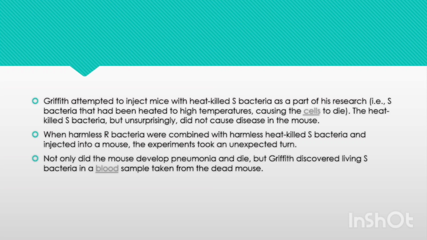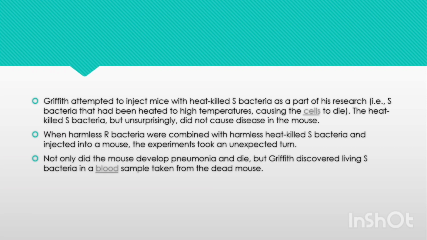So after injecting the S bacteria, he took S bacteria again, heat-killed the strain at a high temperature, and injected it into the mice. Unsurprisingly, the mice didn't die and were not affected by any disease.